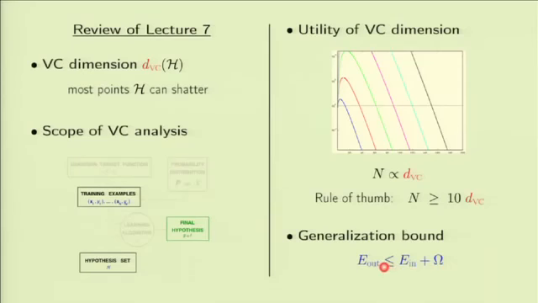It's a function of n, a function of the hypothesis set through the VC dimension, a function of your tolerance for probability of error, which is delta. And although this is a bound, we keep saying that in reality, E out will be equal to E in plus something that behaves like omega. And we will take advantage of that when we get a technique like regularization. So that's the end of the VC analysis, which is the biggest part of the theory here.